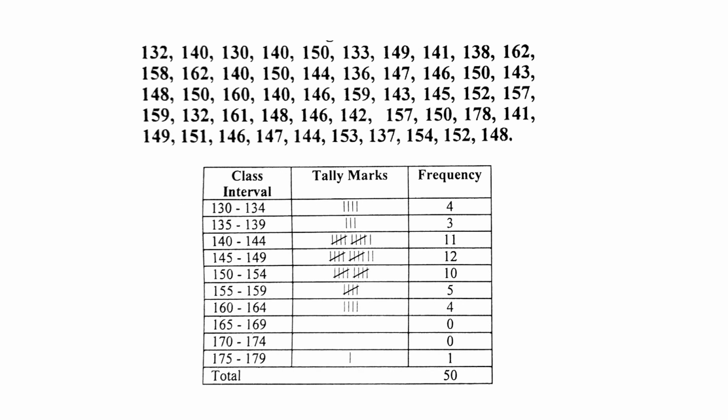Then make the frequency distribution table. Minimum value 130, maximum 179. So the class intervals are 130 to 134, then up to 175 to 179.